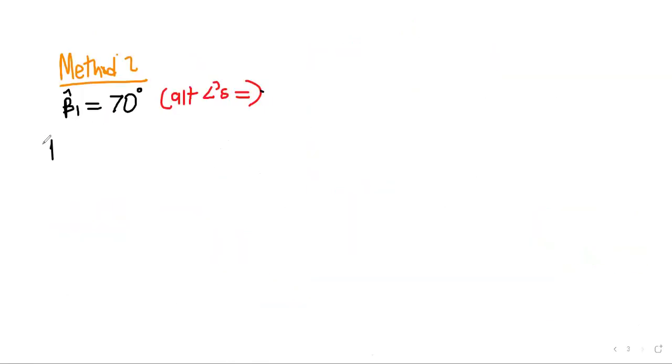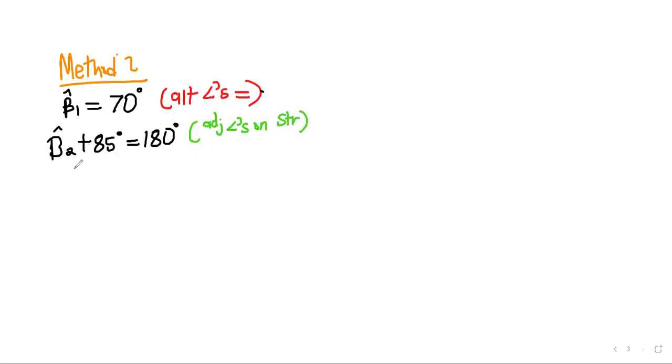So we're going to say angle B2 plus 85 degrees is equal to 180 degrees. Each and every statement should be accompanied by the reason. So that is adjacent angles on a straight line, angles on a straight line.